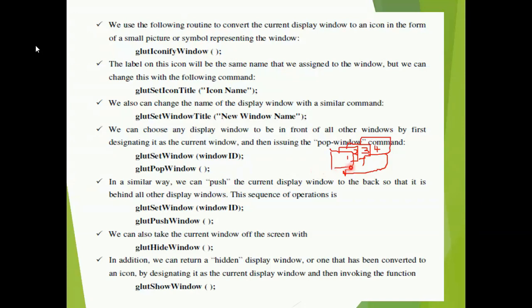In a similar way, suppose you want to move the front window, maybe the first id you have here, number one. With glutSetWindow you can give number one, and this window has to be pushed back to the background. For doing that you can call the function glutPushWindow.